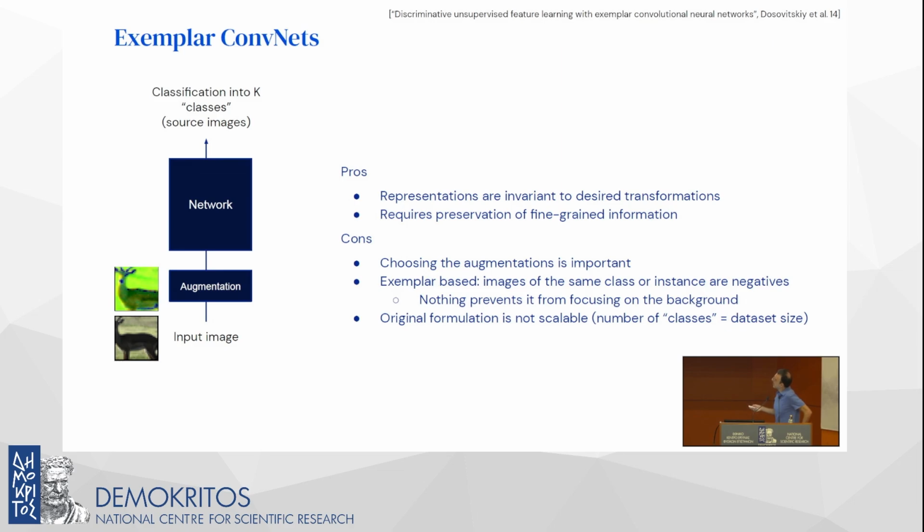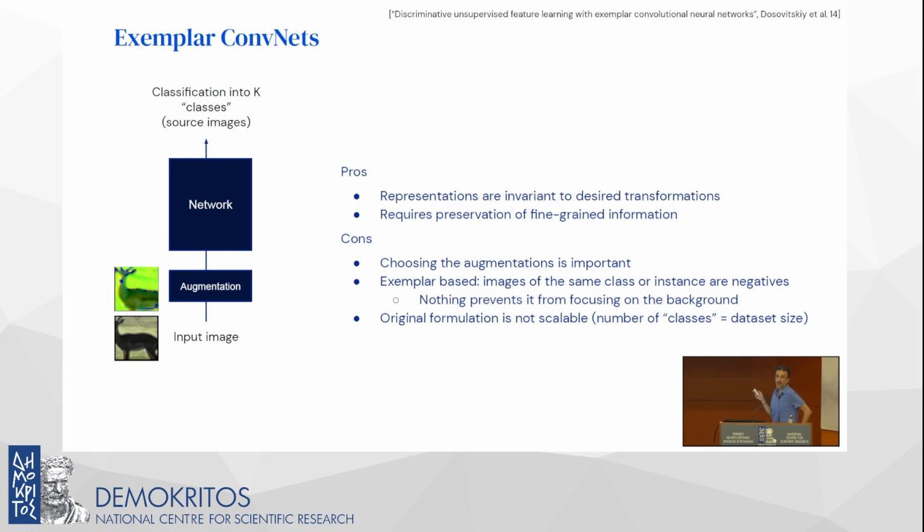So you have your image, your signal, you apply your augmentation, and then you train a network to predict the ID of the correct training sample it came from. It's again a standard classification problem with cross-entropy.